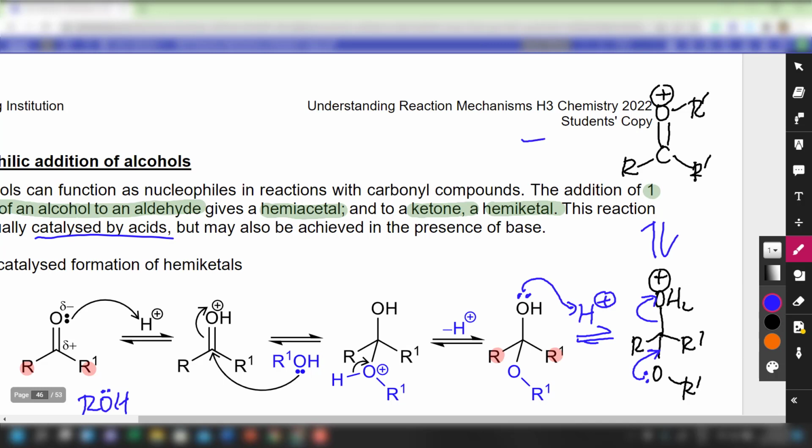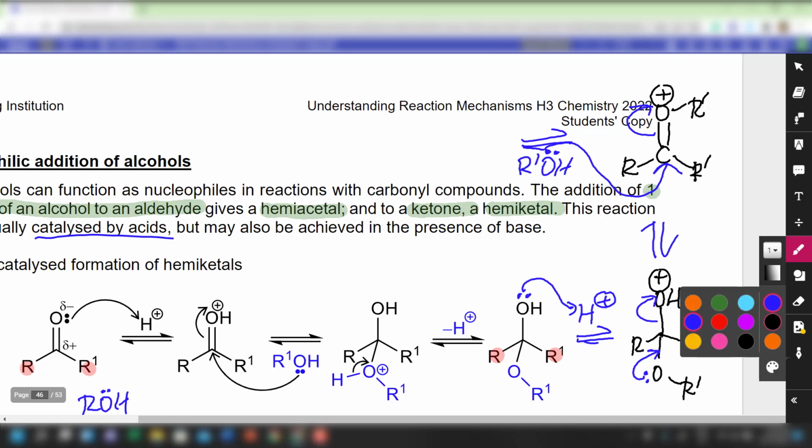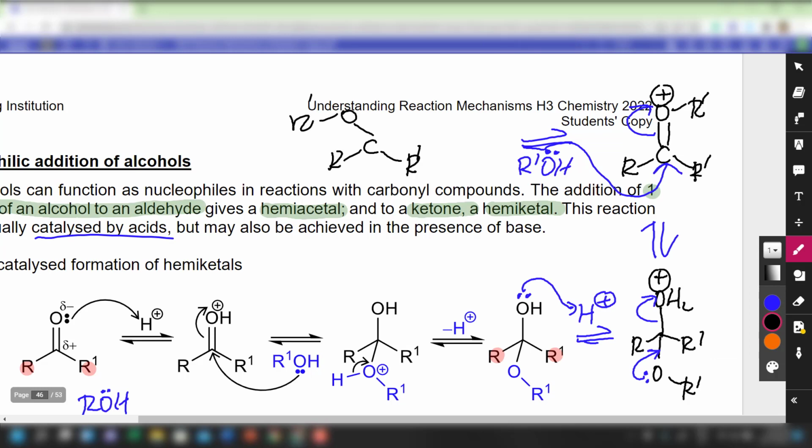This can continue with the alcohol lone pair performing a nucleophilic attack on the carbonyl carbon, and then the pi bond breaks towards the oxygen. If you are sharp enough, you are probably going to recognize that I'm going to get something like this: O, and then R1, and then O, H, with a plus, and then R1 as well.